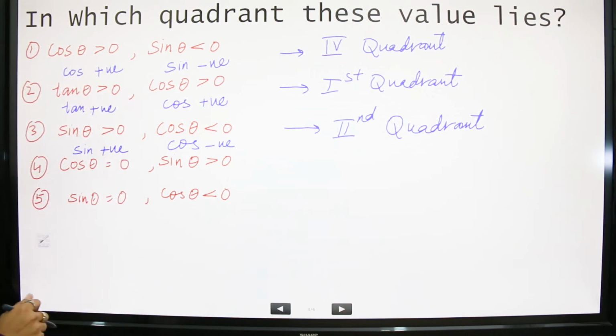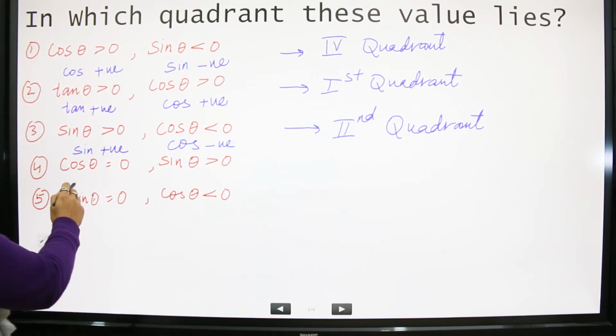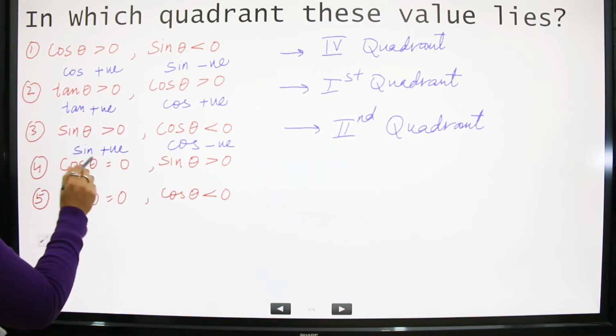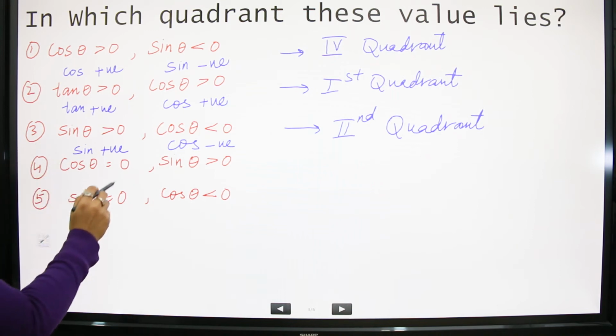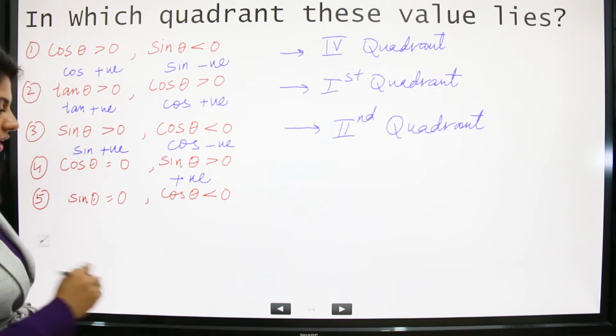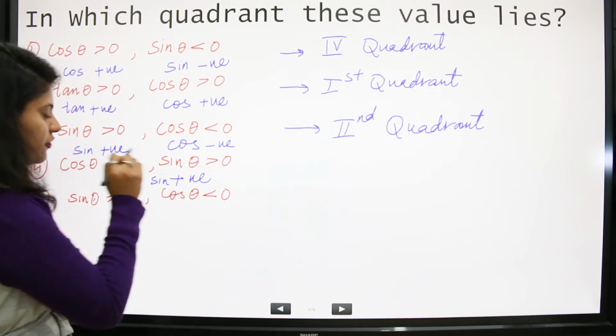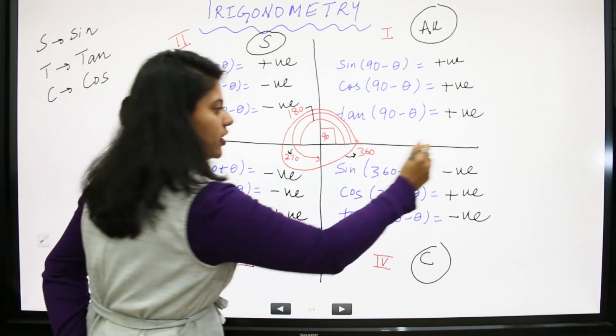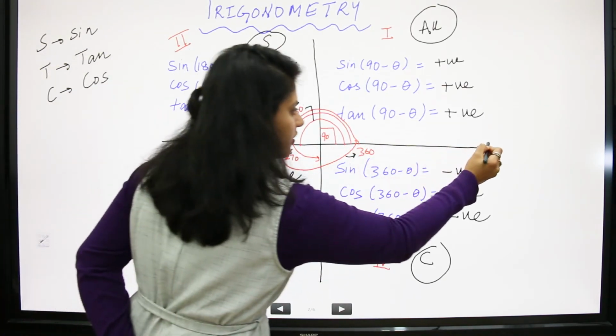Now let's do the fourth one. In the fourth one, our cos theta value is 0. So cos theta lies at 0, and sine theta greater than 0, which is sine positive. So you can write here sine is positive, but cos theta is equal to 0, which means it is on the positive axis.